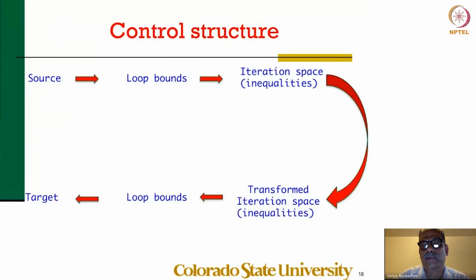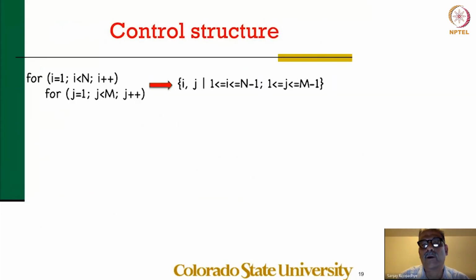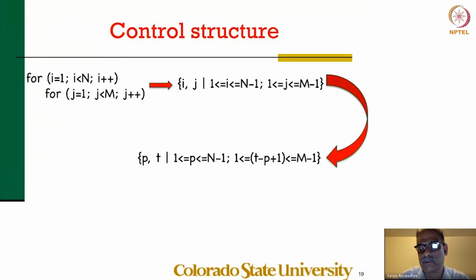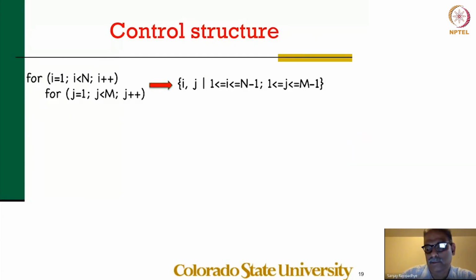Now I'm going to tell you how I got from here to here. What did I do? This is the set of points ij such that they respect some constraints, right? The constraints of the rectangle.